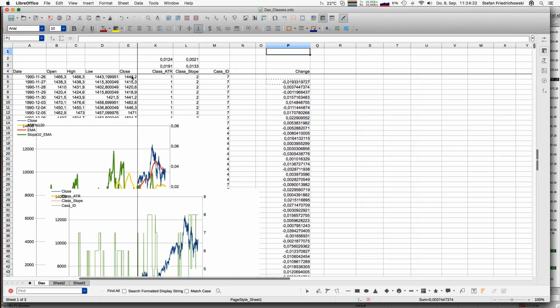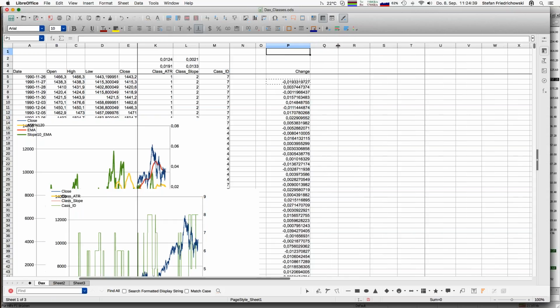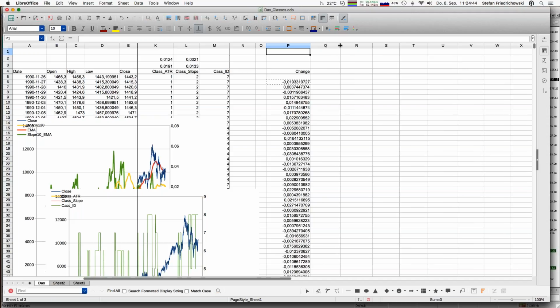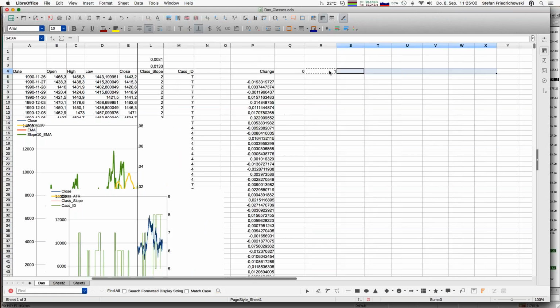Now we have those. Okay, so now we know the change. The next step is that for a given class, we want to know what change we have within that class. So we need those class identifiers, the numbers, here, in order to have our 9 classes straight away.